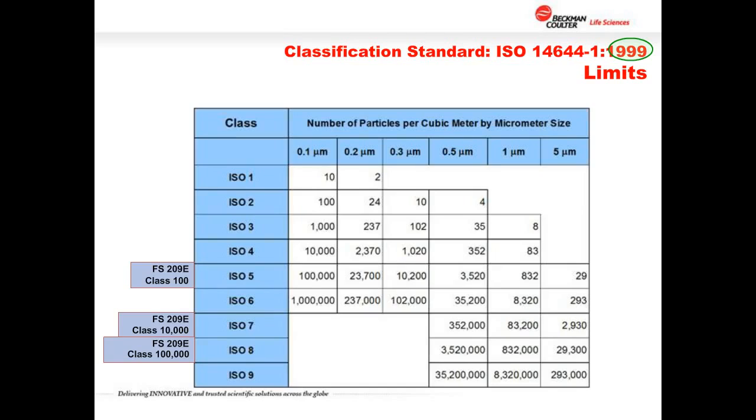There's 35.31 cubic feet per cubic meter, so this 100 times 35.31 basically accounts at 0.5 micron to the same number, similar for 10,000, 100,000. So the values did not change extremely for these particular zones, and there is somewhat of a connection between the old federal standard and the current 14644, just in terms of cubic feet in the federal standard, cubic meters when we talk about the ISO.